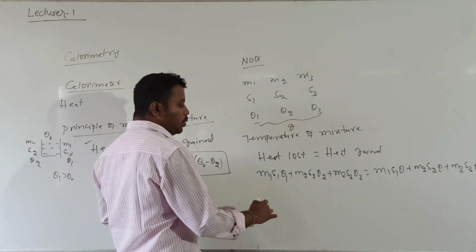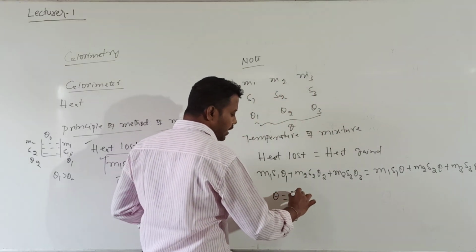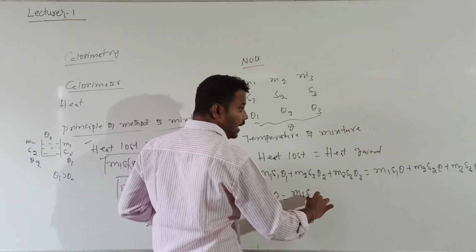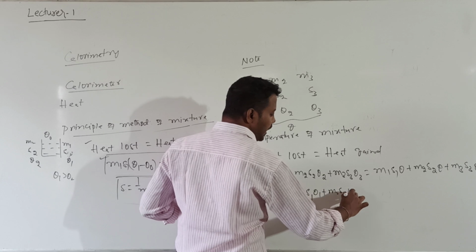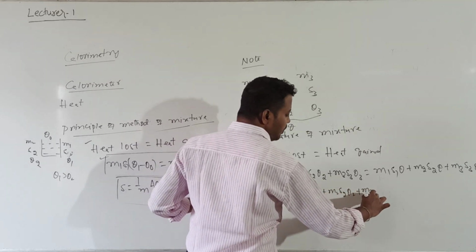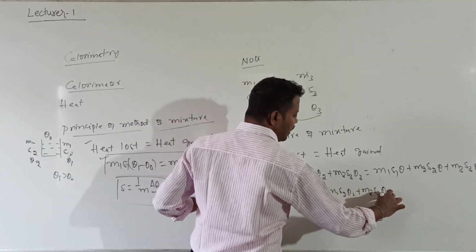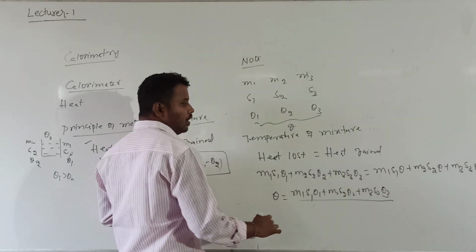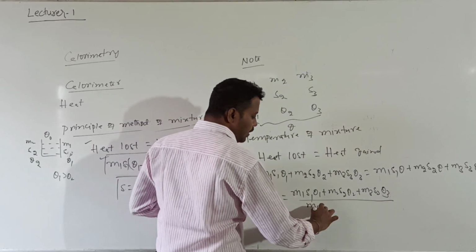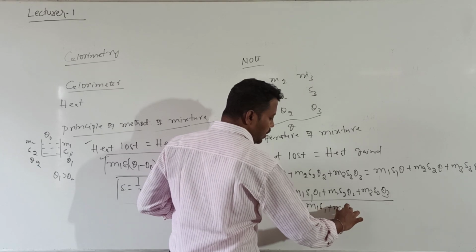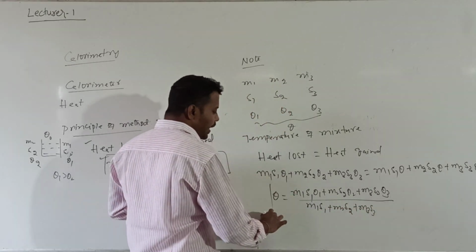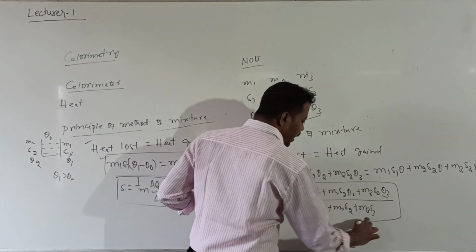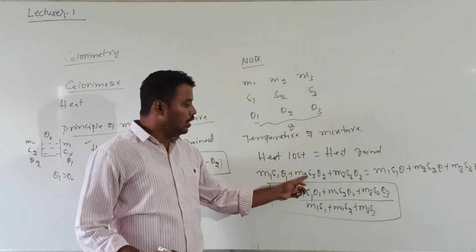I want to calculate the value of theta. So theta is given by M1 S1 theta 1 plus M2 S2 theta 2 plus M3 S3 theta 3, divided by M1 S1 plus M2 S2 plus M3 S3. You may ask one doubt: sir, how can you write that all liquids are losing heat?